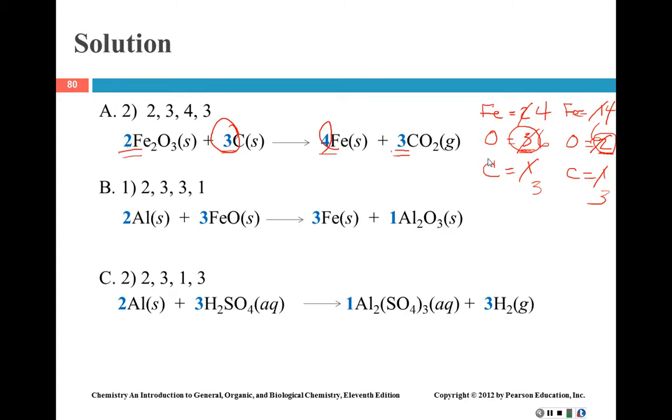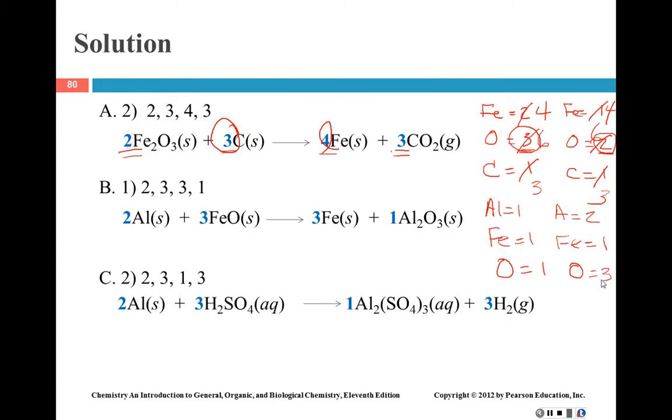The next one was aluminum solid with iron oxide, giving me iron and aluminum oxide. And so if you have 1 on this side and 2 on that side, and then you have 1 iron and 1 iron, and oxygens, I have 1 on this side and how many? 3 on this side.